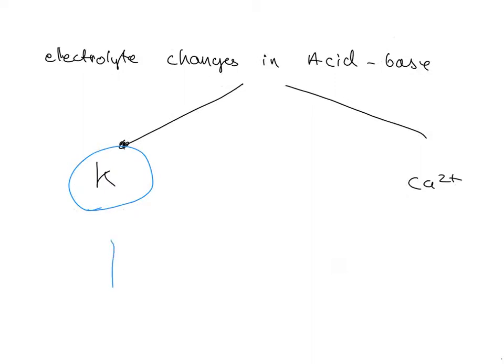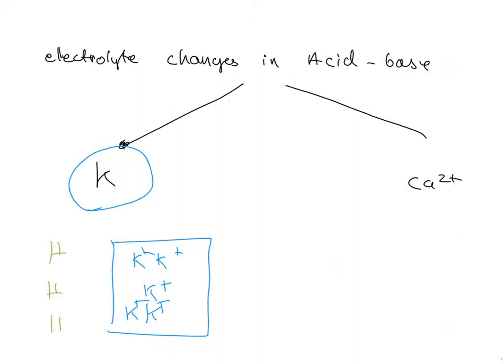So for instance, let's take, this is our cell. We have a lot of potassium ions, okay? For instance, if we have acidosis extracellularly, we need to prevent that acidosis. So what our body does is it exchanges hydrogen ions for potassium ions.